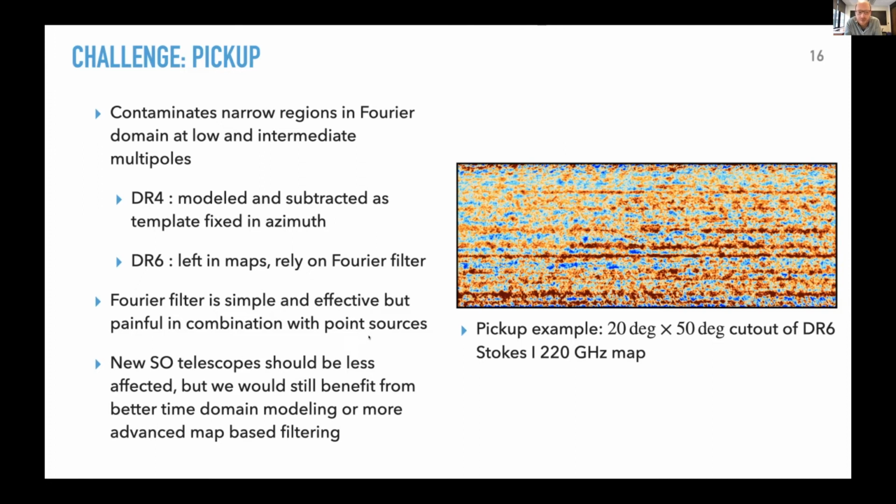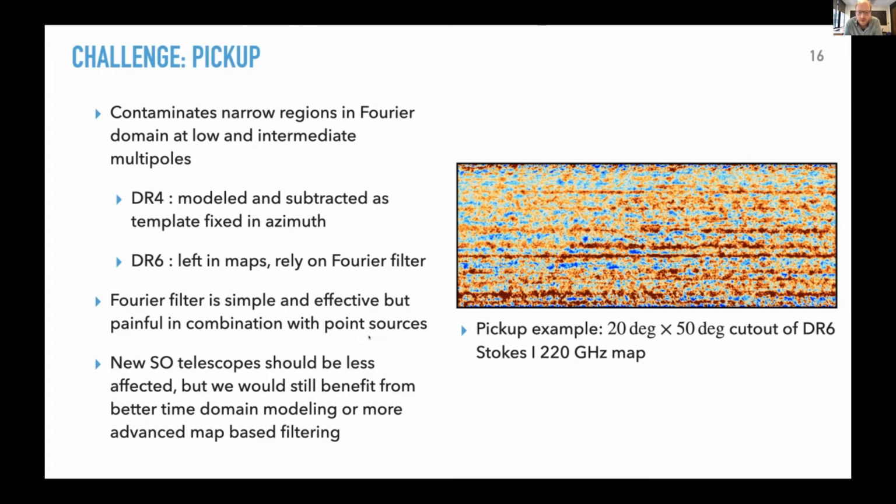In DR4 and previous ACT releases, we tried to model and subtract this pickup during map making. But we stopped doing that because it didn't work as well as we would like, and it made our maps slightly biased, and it was difficult to quantify that bias. We think now with filtering in the map domain, it's at least easier to quantify the bias.